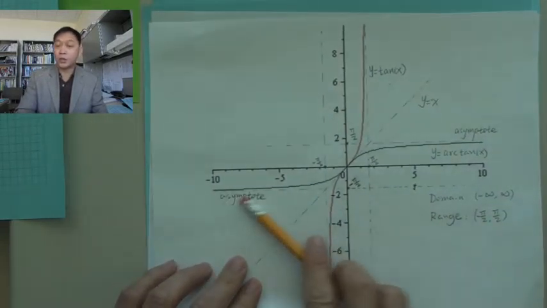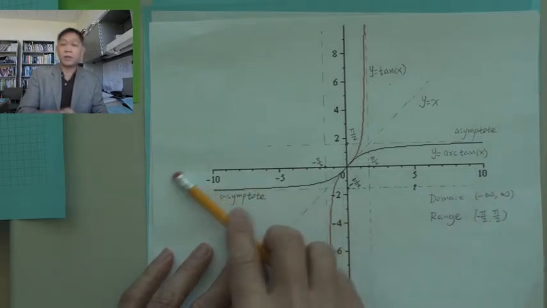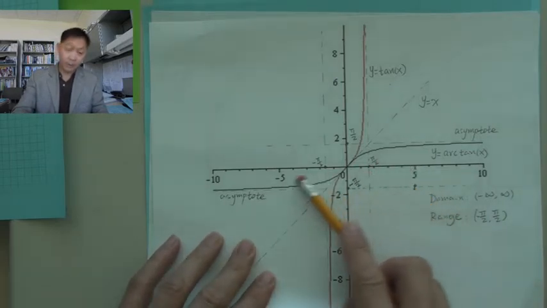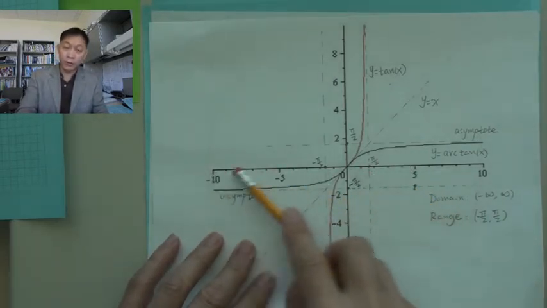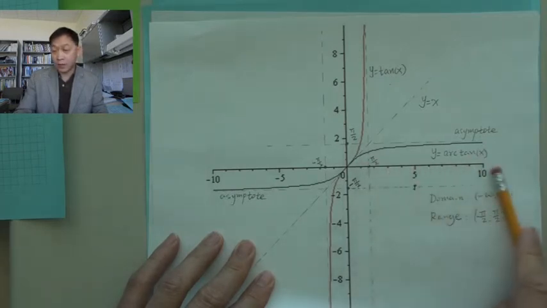From this picture you can see clearly x can go to the left as far as you want, and x can also go to the right as far as you want.